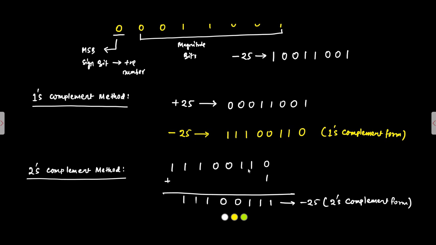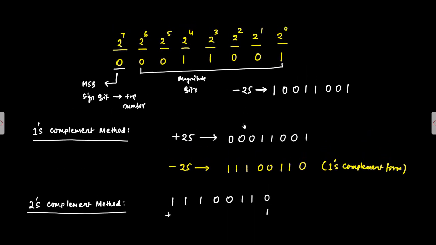Now you can also use the shortcut method. Start with the representation of plus 25, which is 0 0 0 1 1 0 0 1.